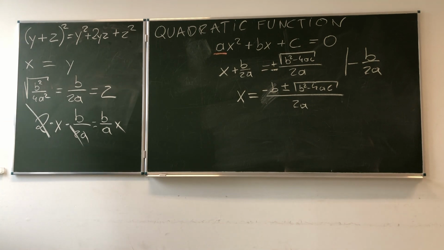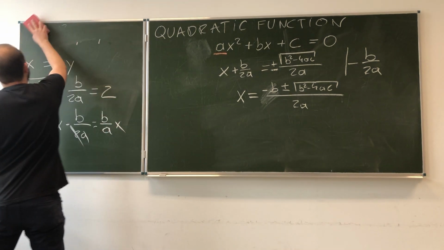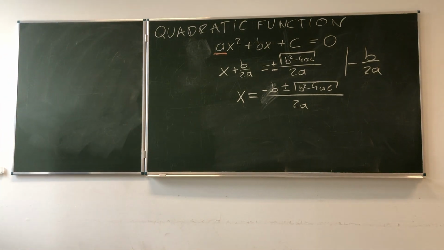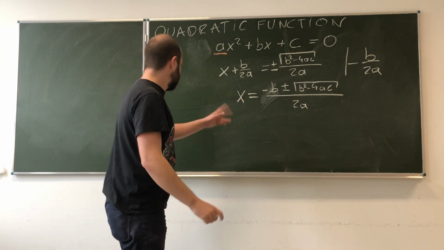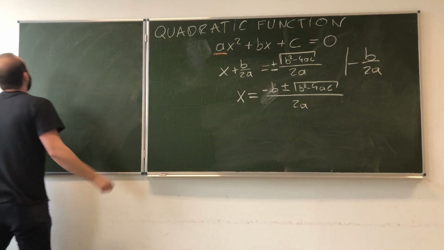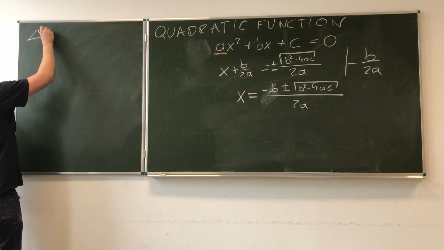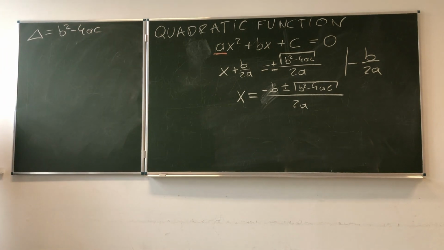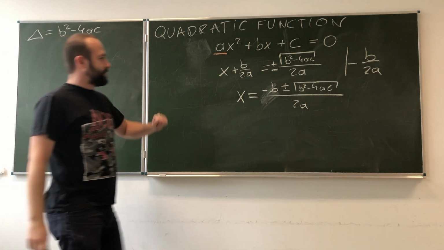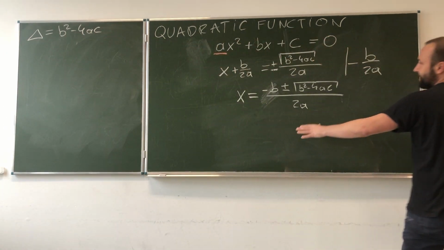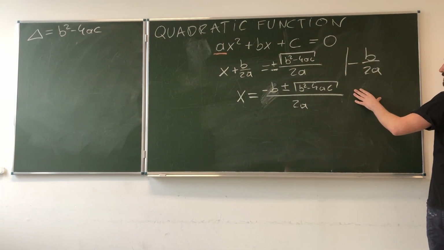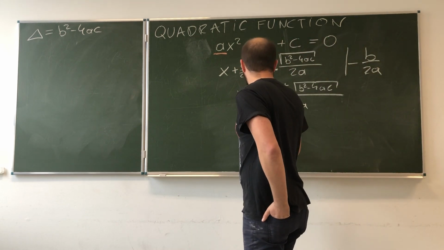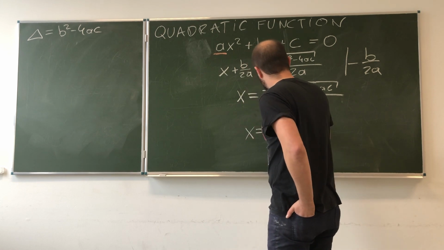Okay, look, this formula is maybe not the most complicated, but it's also not the least complicated formula. So let's introduce a shorthand. From this moment on, delta will mean for us b squared minus 4ac. And look, this allows us to reduce this equation to the form that you probably know from high school.